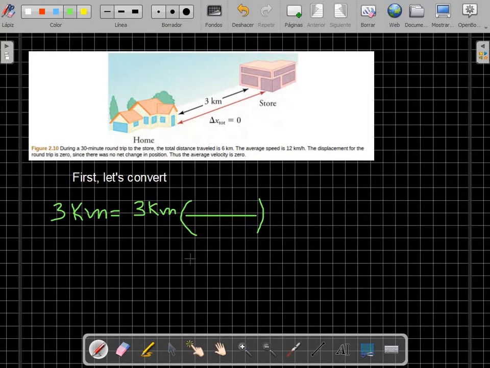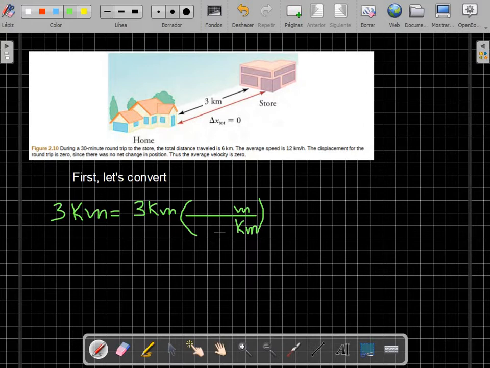In order to get rid of those kilometers, the kilometers should be placed in the denominator in order to cancel or simplify both kilometers, and what will remain is the meters.